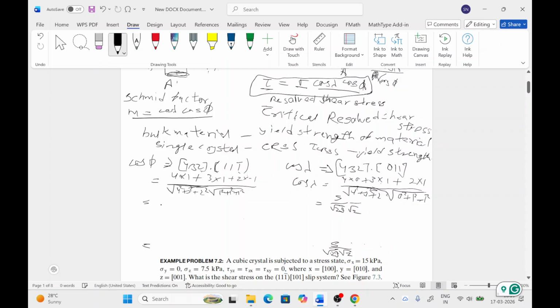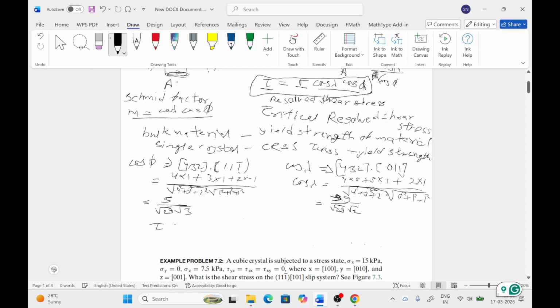And cos phi is 4 into 1 plus 3 is 7, minus 2 is 5. So sorry, this is 9 for the numerator of cos lambda... this is 9 and this is 5. This will be square root of 29 and square root of 3.